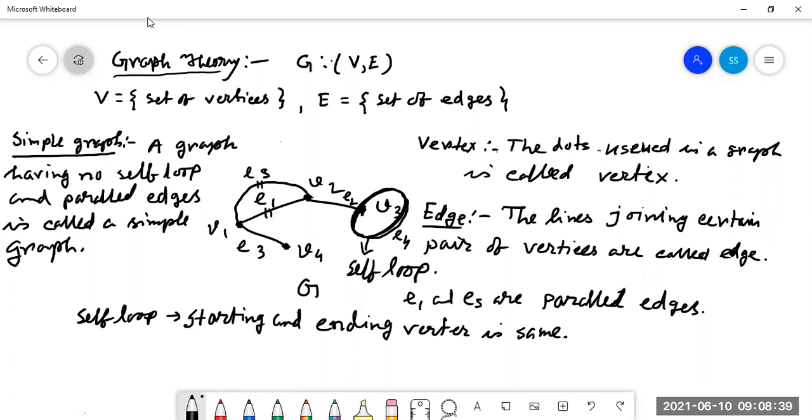So if in a graph there is no self loop and no parallel edges, then this graph is called a simple graph. Clear?